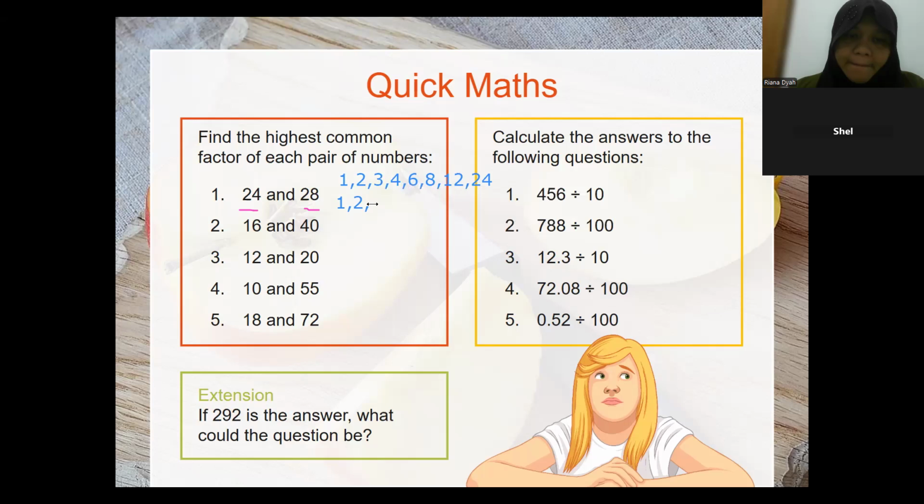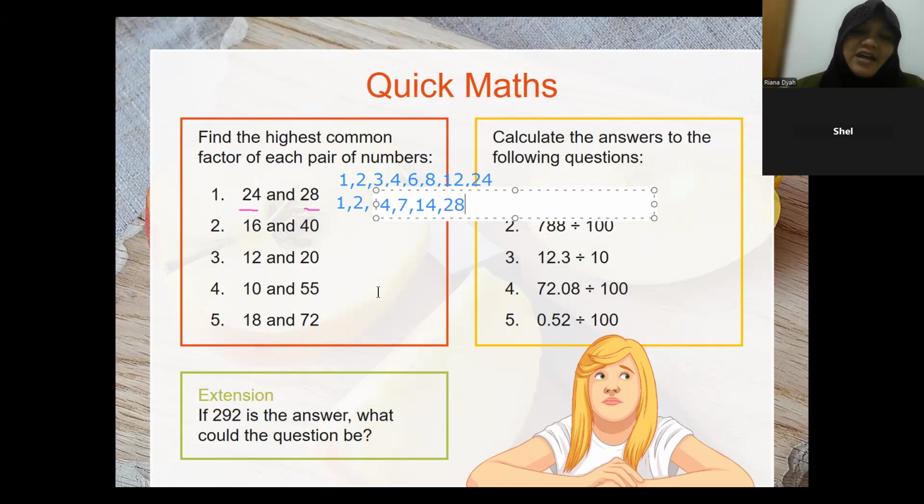28 divided by 4 is 7, right? So 4 and then 7, and then 28 divided by 2 is 14, and then after that 28.